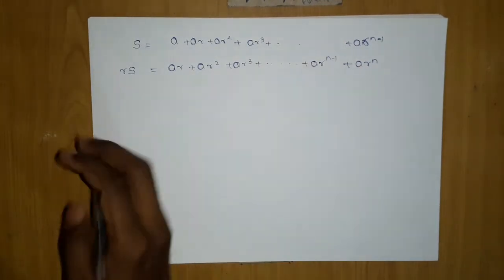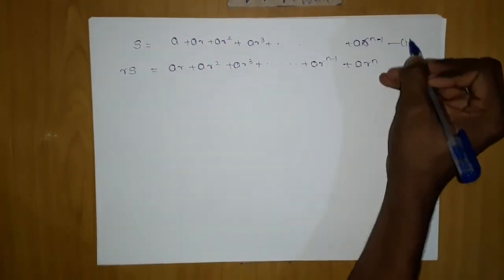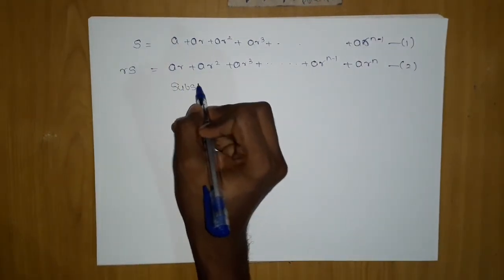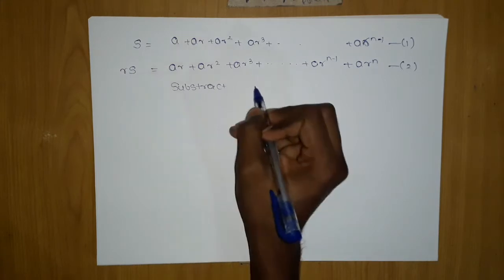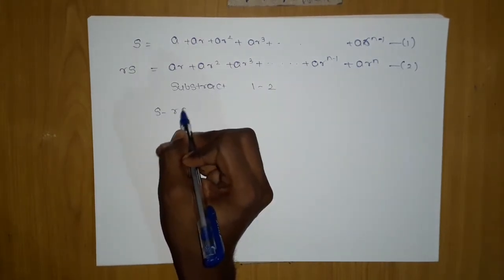Now if I call the first one 1 and the second 2 and subtract, it doesn't matter which way, 1 minus 2, then we have S minus RS.